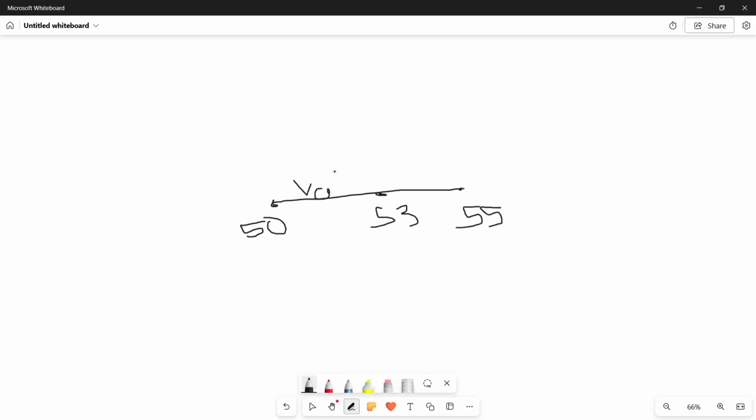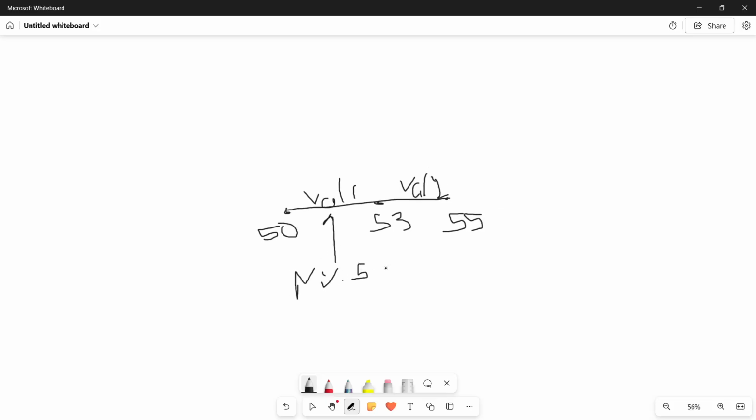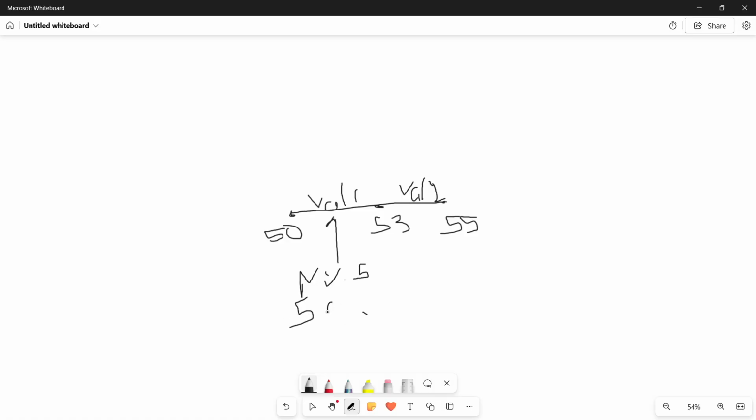So here is value 1 and here is value 2. What will value 1 be? It is nothing but N modulo 5. For 53, 53 modulo 5 gives us 3. So that is the distance.